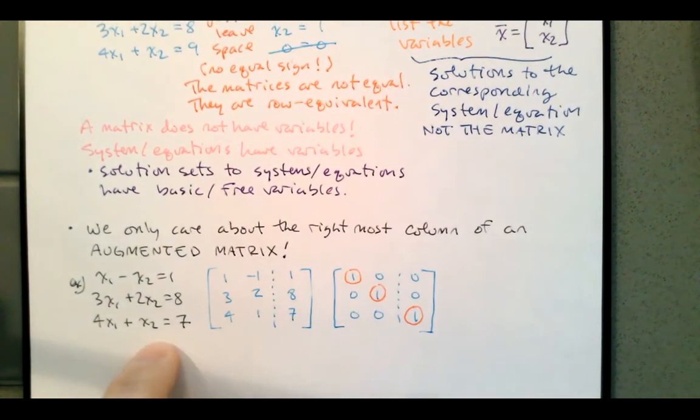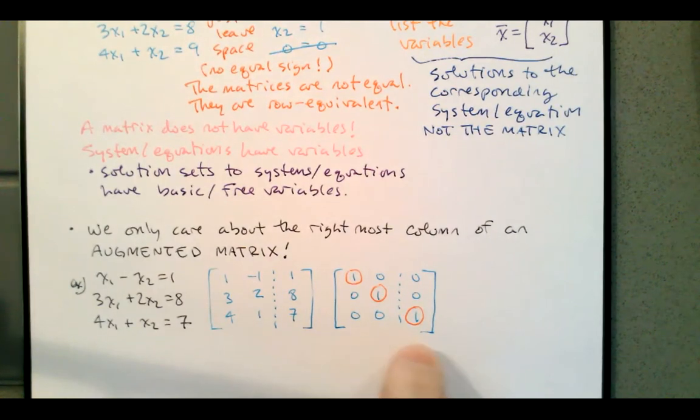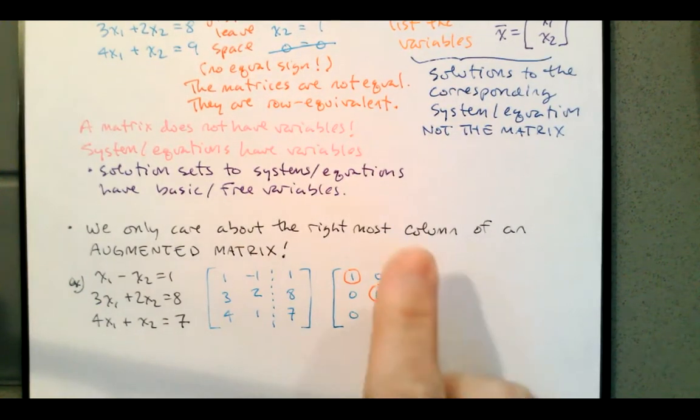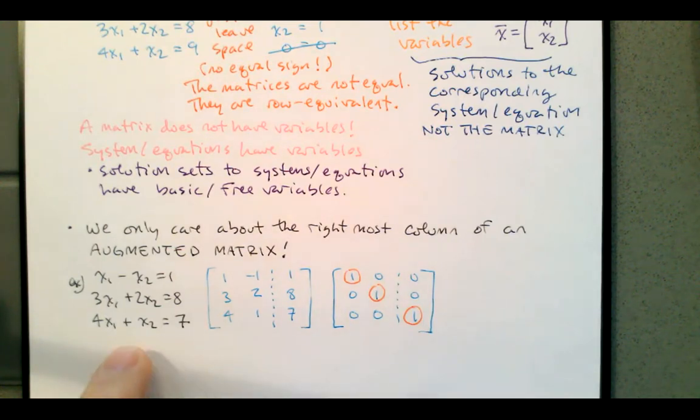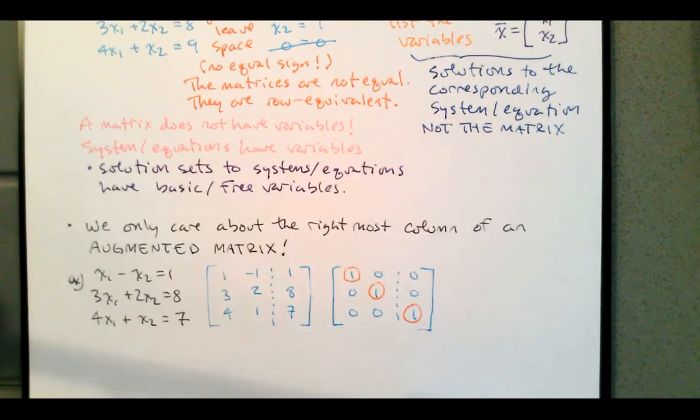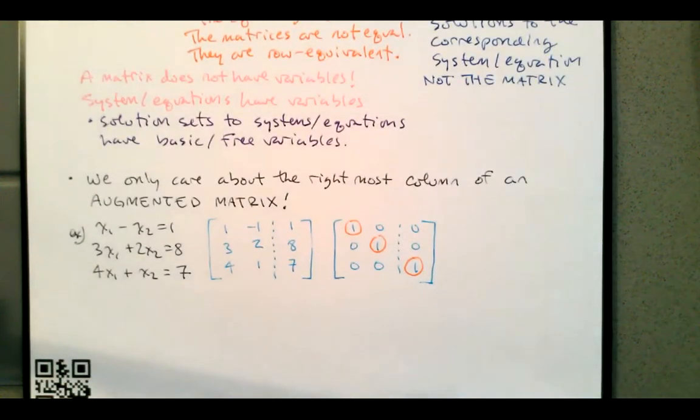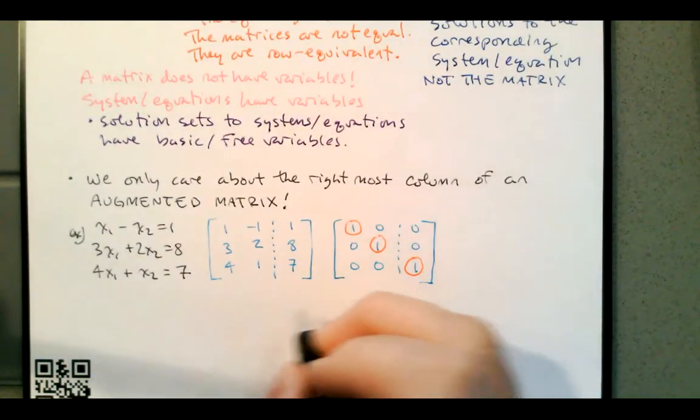of a linear system. So we can say, since there is a pivot in the rightmost column of the augmented matrix, the corresponding system is inconsistent.